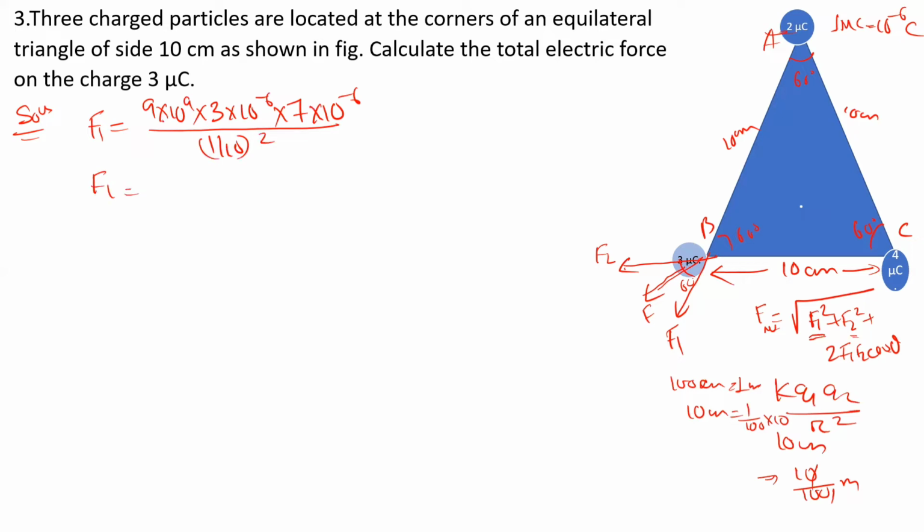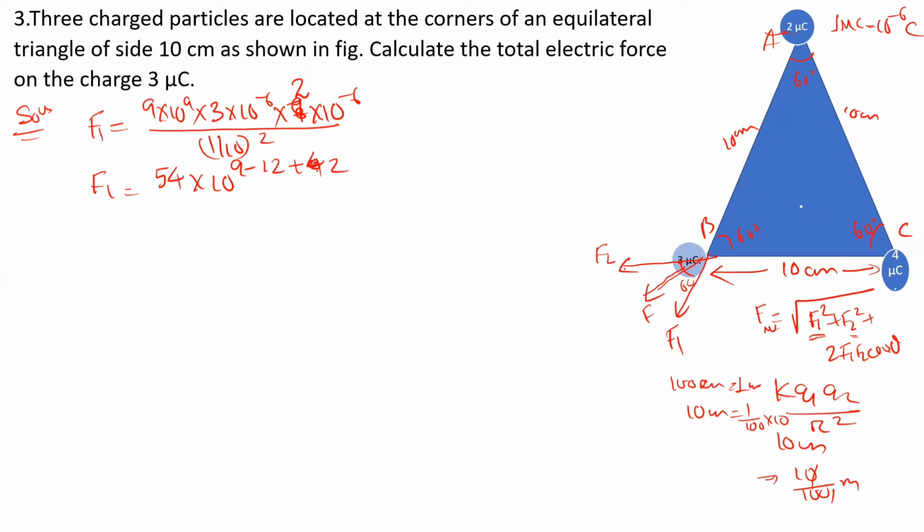So 3 sixes are 18, 18 nines are 54, into 10 to the power 9 minus 12, and this goes in the denominator. You will have plus 4 there. 10 square is 100.